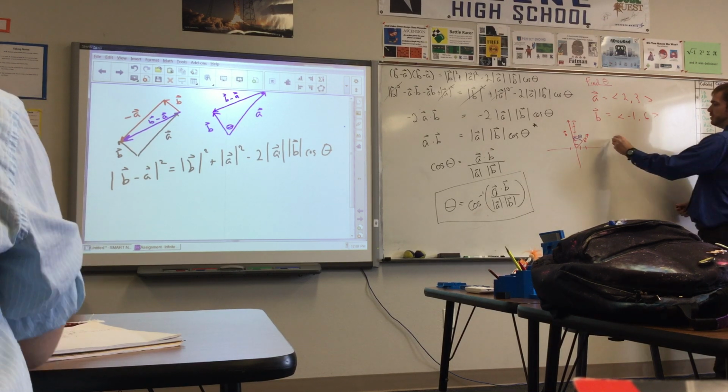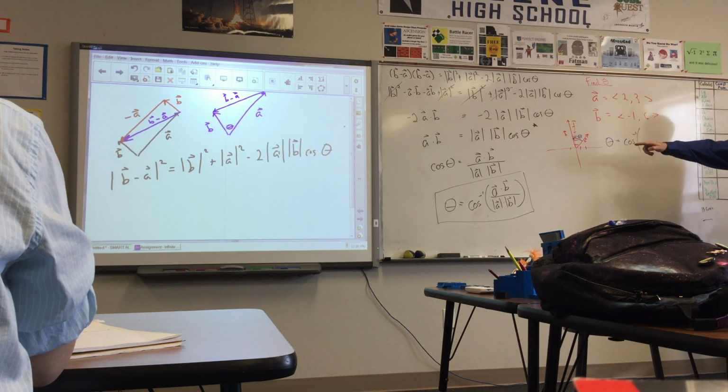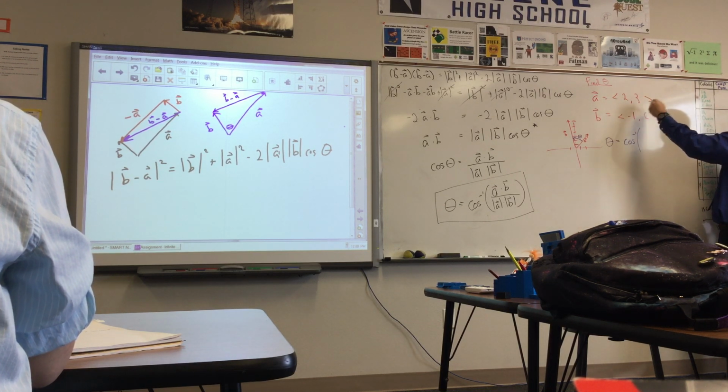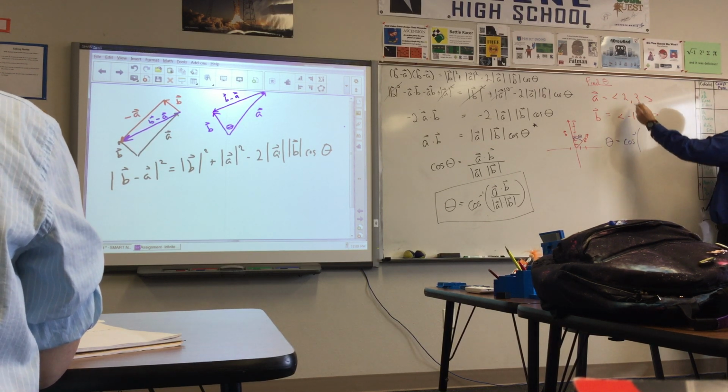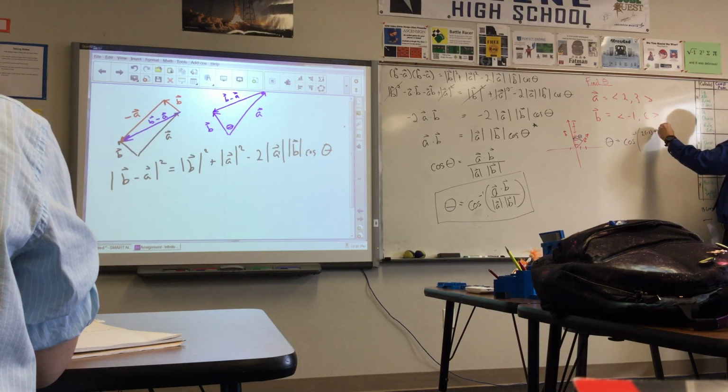According to our formula, theta is equal to inverse cosine of the dot product. Dot product we saw a few minutes ago is multiply the x's, multiply the y's, and add those answers together. So 2 times the -1 plus 3 times the 6.